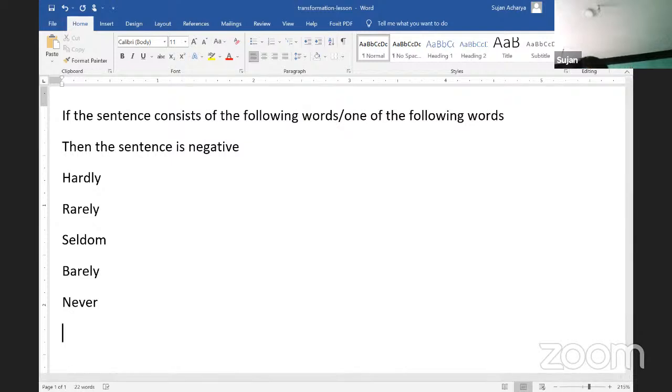If these words are there in the sentence, then the sentence becomes negative.